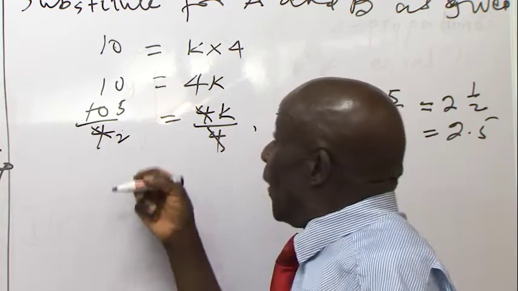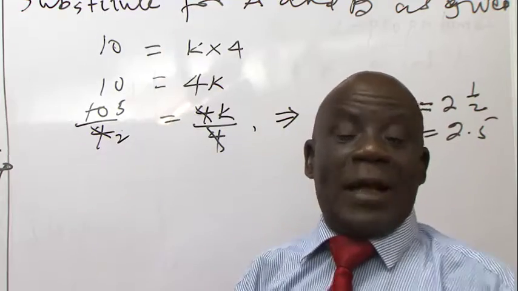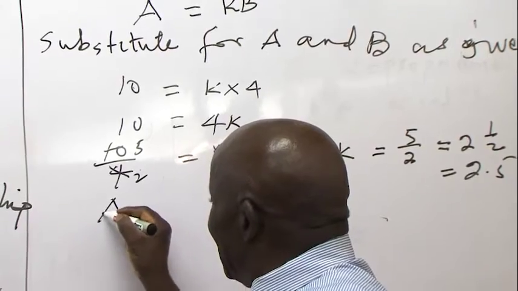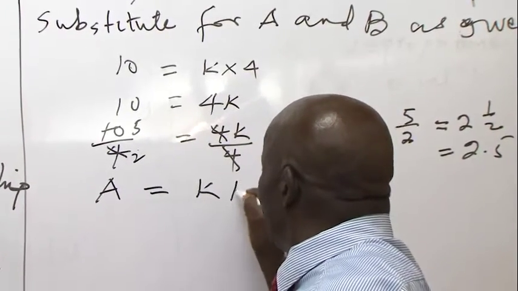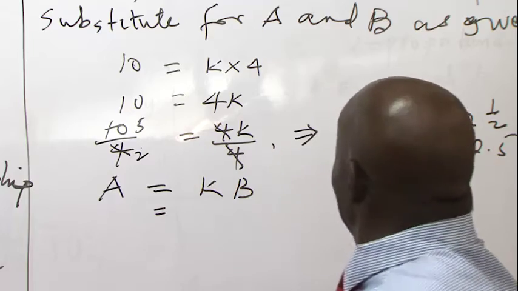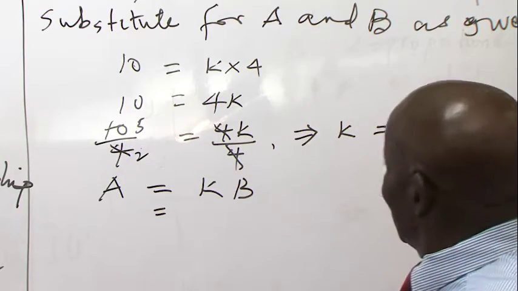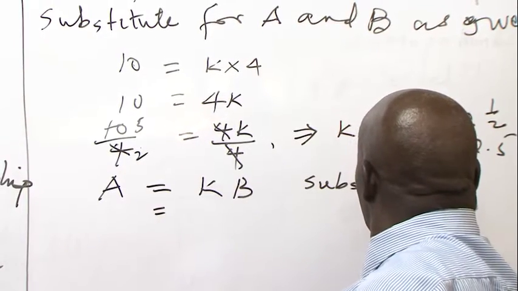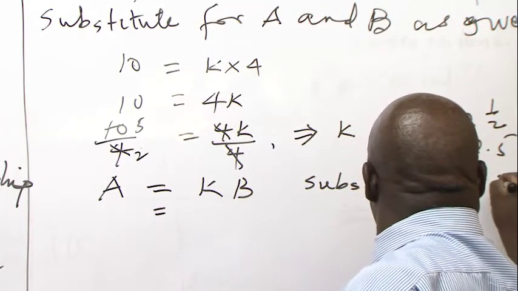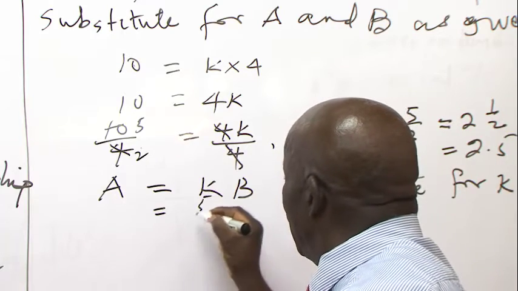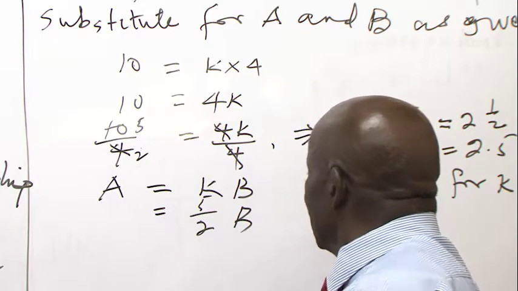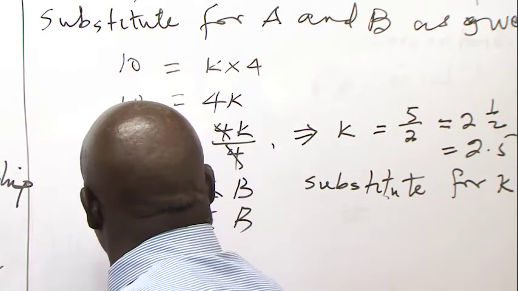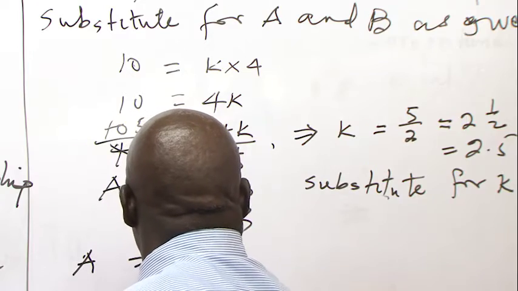Now, the value of K is determined. You can now find the relationship between A and B. Since A is equal to KB and your K is 5/2, substitute for K. This is 5/2 B. A equals 5B/2.